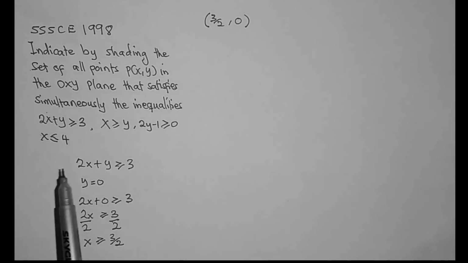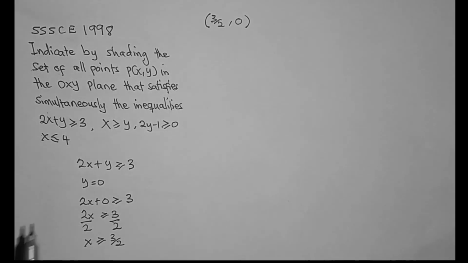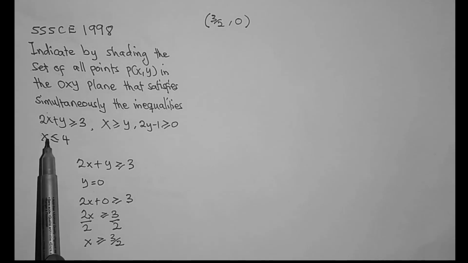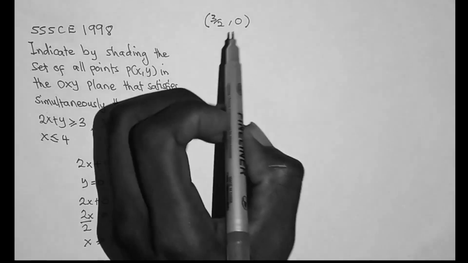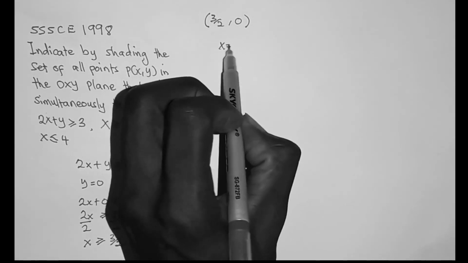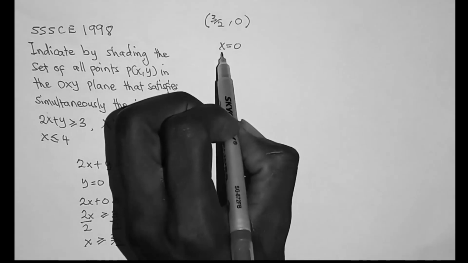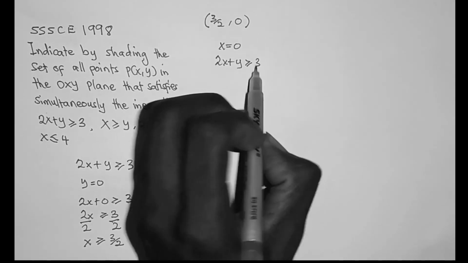What we must do again is to find the y-intercept. For the y-intercept, x is 0. So let's put x equals 0 here. The equation is 2x plus y greater or equal to 3.